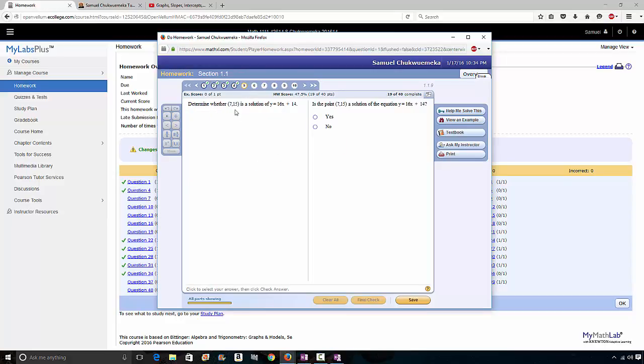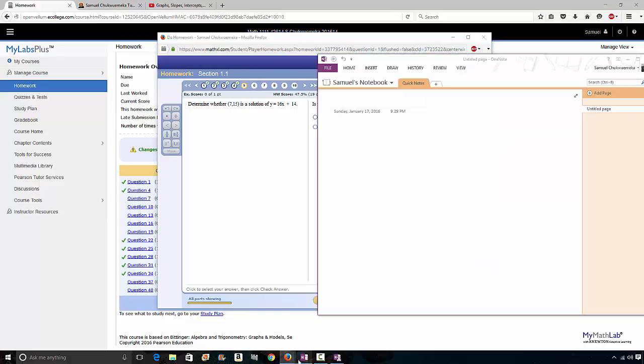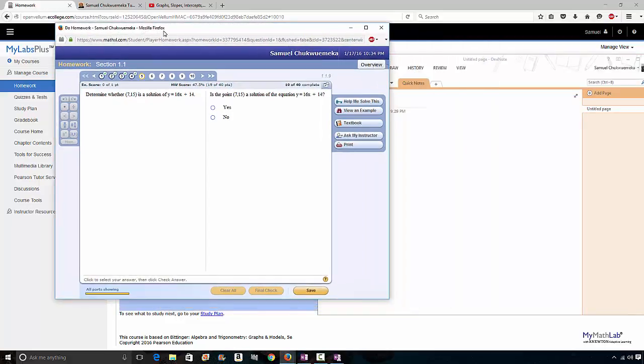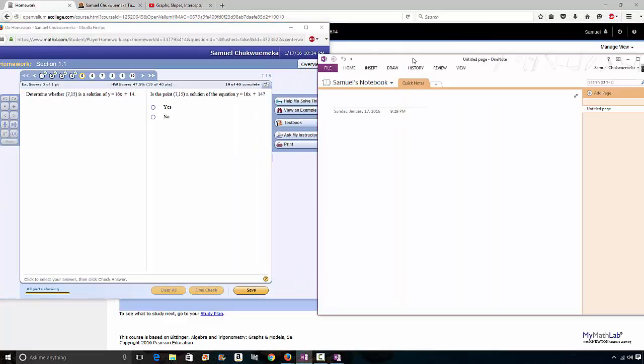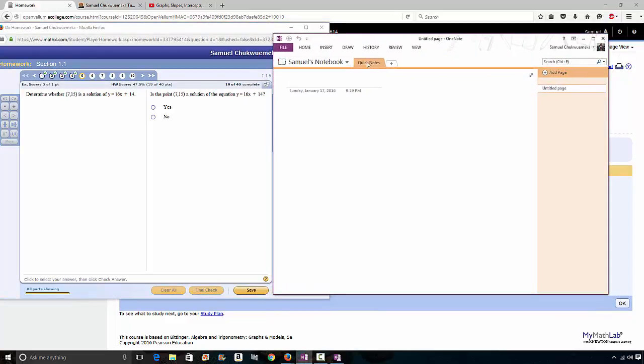Determine whether (7, 15) is a solution of the linear system. So this means that x is 7 and y is 15. So let me pull up my notebook here, and we can do this.